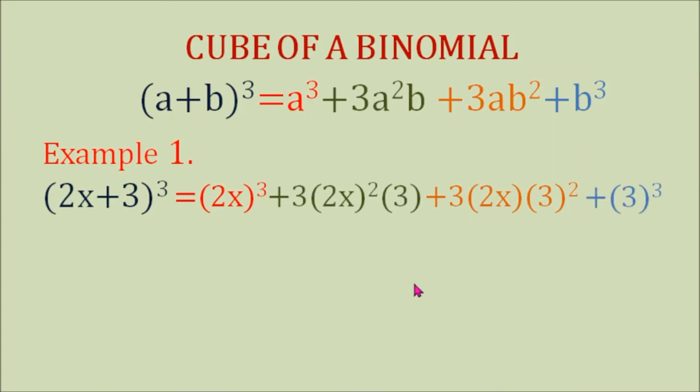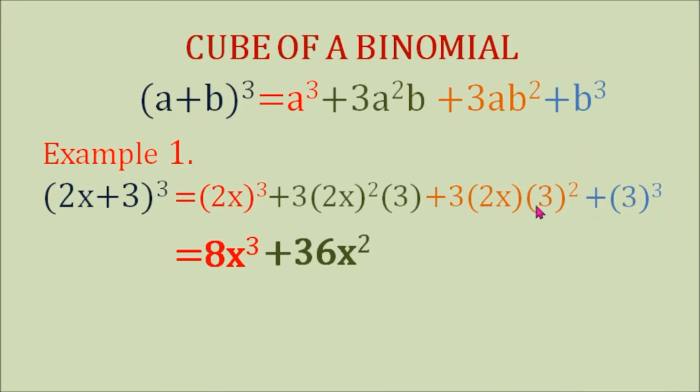So that's 3 cubed. Now we are going to simplify. The quantity 2x cubed means 2x times 2x times 2x, and that's 8x cubed. Then for our second term, the quantity 2x squared means 4x squared. Then times 3 times 3, that's 36x squared.